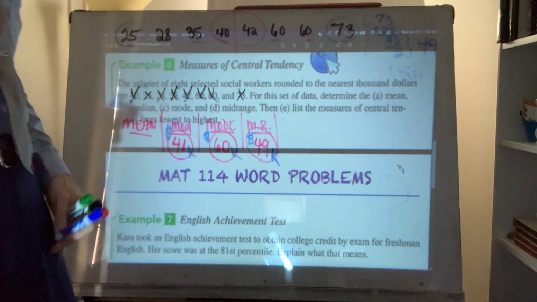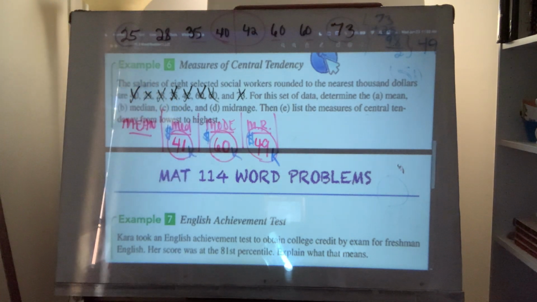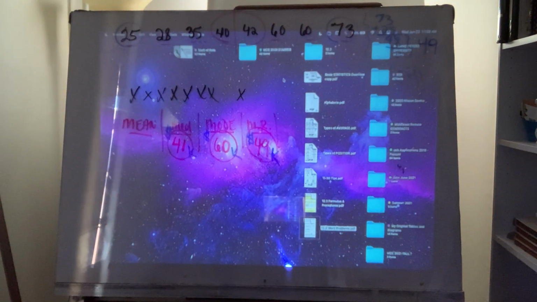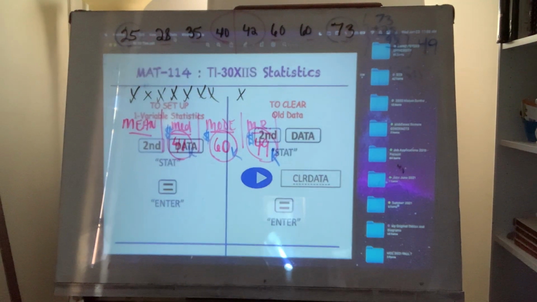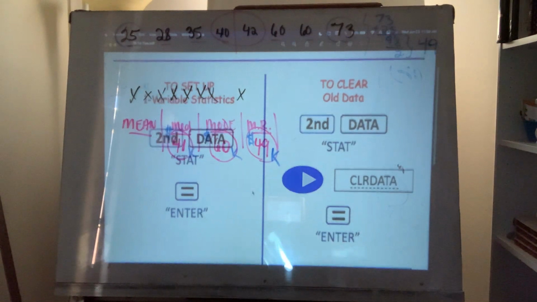Now's a good opportunity. I'm going to take this down for a moment and show you how to use your calculator, because we're getting into the territory of having a lot of figures to work with. So look at this for a moment. This is setting up your calculator to give you some basic information.